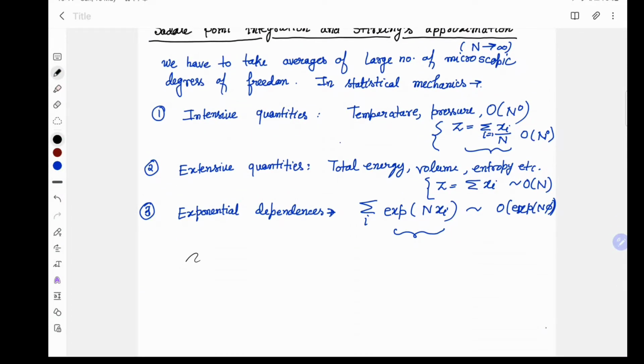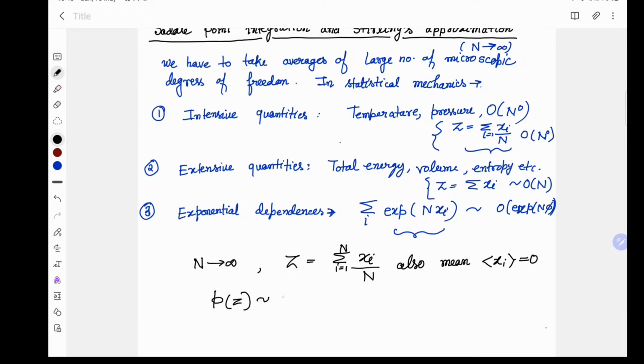If there is a sum over capital N number of degrees of freedom where N is tending to infinity, and if you divide by N, and if the mean of these random variables is 0, that is xi average is 0, then the probability distribution of z follows a Gaussian with the standard deviation sigma by root N, exponential minus N z square by 2 pi sigma square.